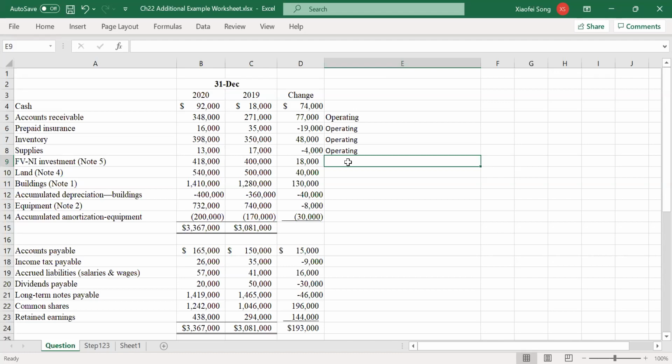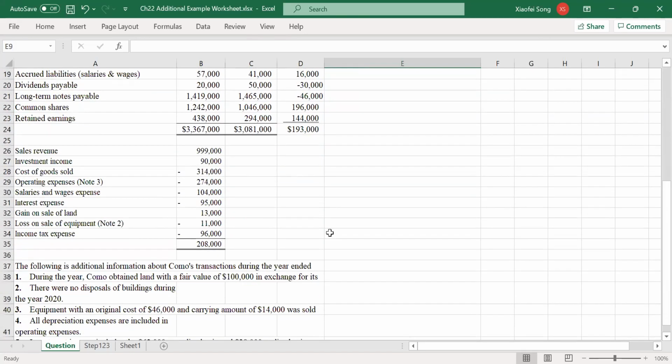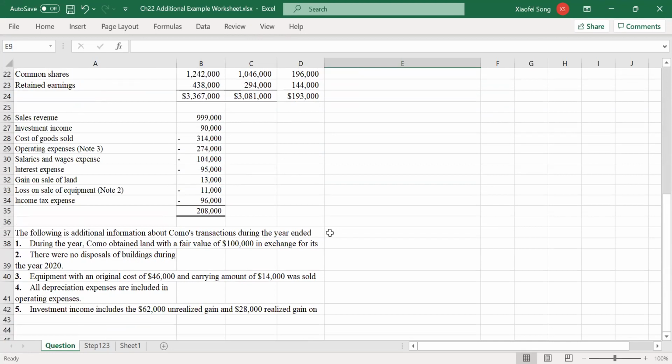So because of all of that, we must separate them all. And let's see this one. So this is an 18,000 increase. And I think there is additional information that tells us about that. So we'll use that, parse it out.